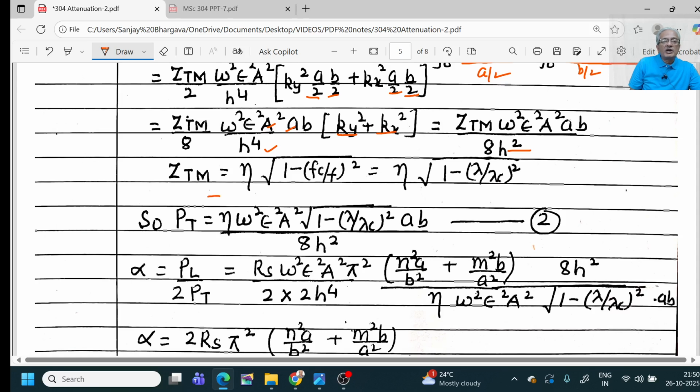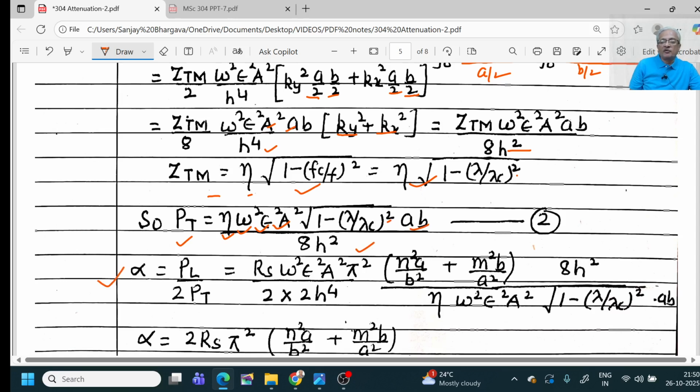ZTM would be equal to eta integration 1 minus fc by f का स्क्वायर और in terms of wavelength eta 1 minus lambda by lambda c का whole square. So power transmitted must be equal to eta omega square epsilon का स्क्वायर a स्क्वायर अंडर रूट ऑफ 1 माइनस lambda by lambda c का होल स्क्वायर a into b अपॉन 8h स्क्वायर.